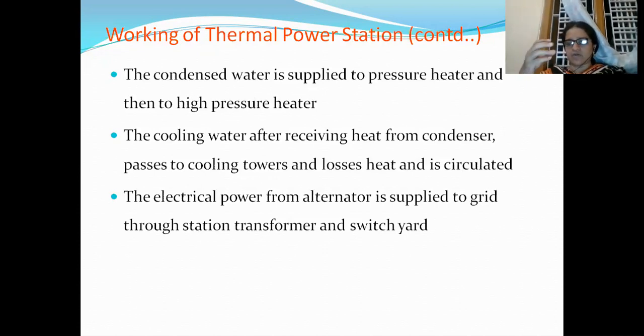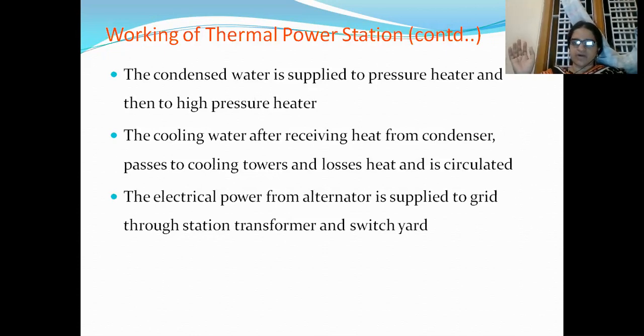The electrical power from the alternator is supplied to the grid. The electrical power generated from the alternator is supplied to the grid through the station transformer. I have already told you that thermal power stations are usually located at the outskirts, and we can't tell where the electricity demand is more, or where we require power.